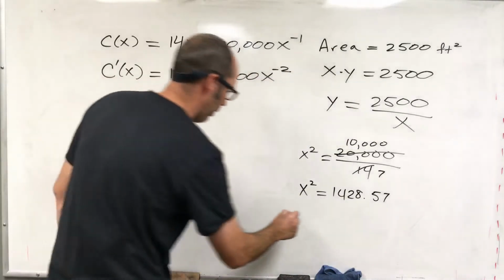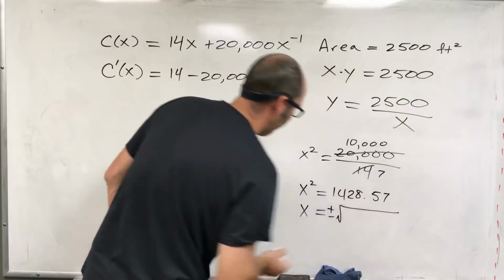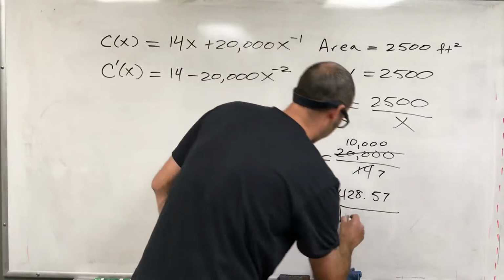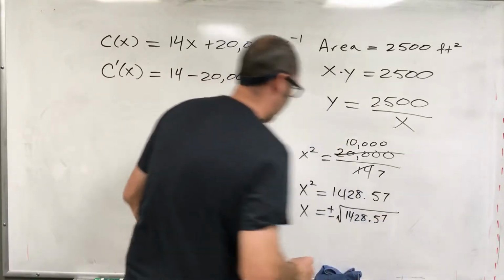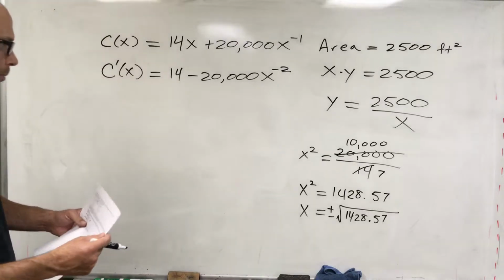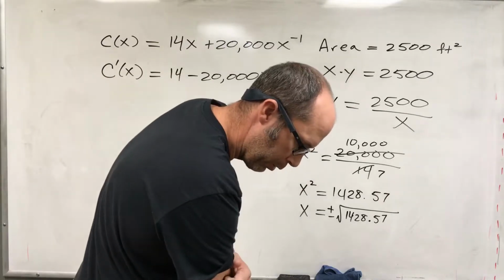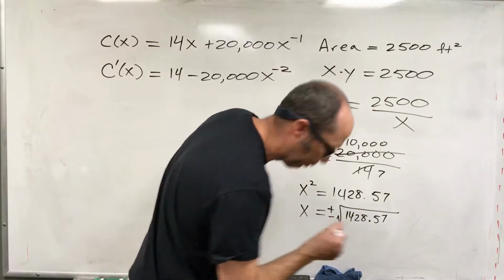So x is equal to plus or minus the square root there. Just to be sure, I might as well add on some extra decimal places so I don't mess up on the decimals.